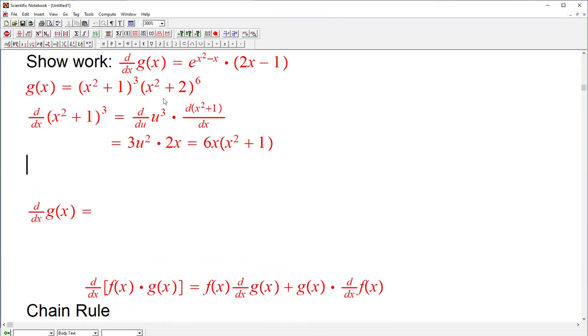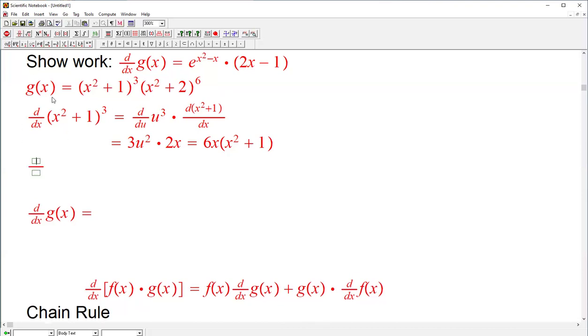If we differentiate the other piece with respect to x, we're going to differentiate the entirety of this piece, and it's the same idea. The derivative with respect to u, and what is u? This piece is u.